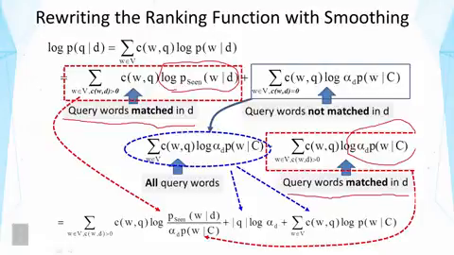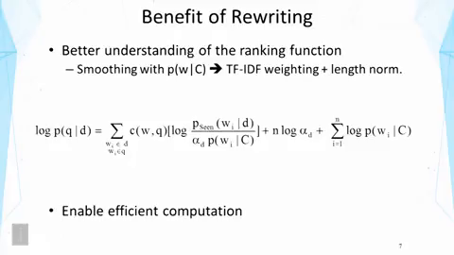Now this formula is very interesting because you can see the sum is now over all the matched query terms. And just like in the vector space model, we take a sum of terms that are in the intersection of the query vector and the document vector. So it already looks a little bit like the vector space model. In fact, there's even more similarity here as we will explain on this slide.